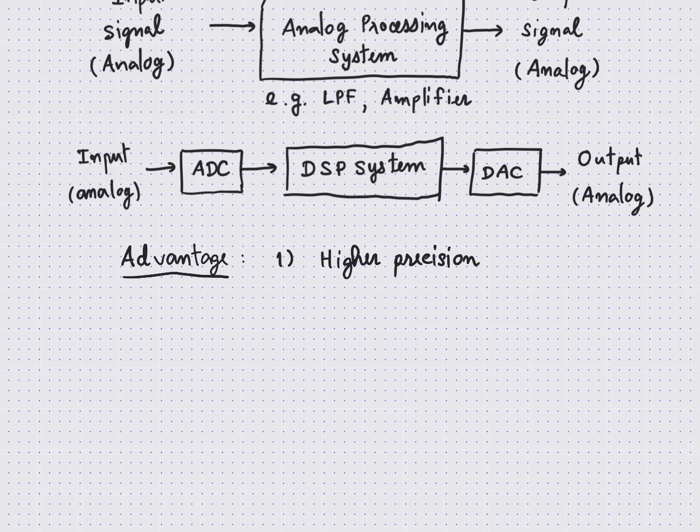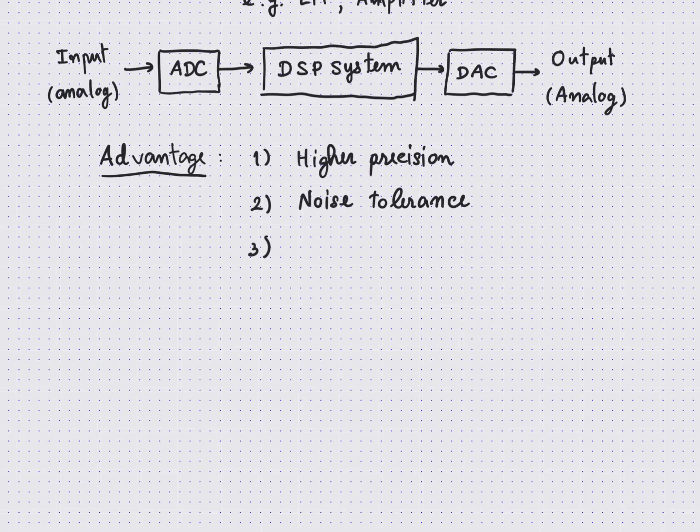That means in digital signal processing, the signal can be made very fine using many bits to represent it, and your output will have very high precision. The digital signal processing system can also tolerate more noise. It tolerates noise better because in the digital system, the signal uses 0 and 1. So if the noise is not more than the threshold, 0 and 1 still stay at 0 and 1.